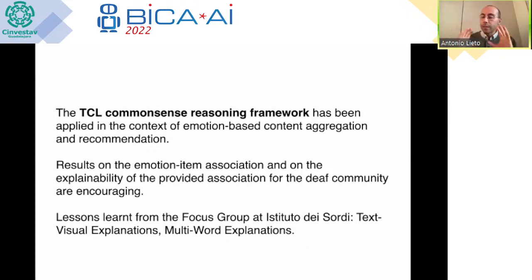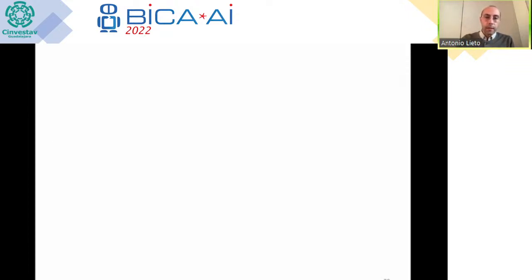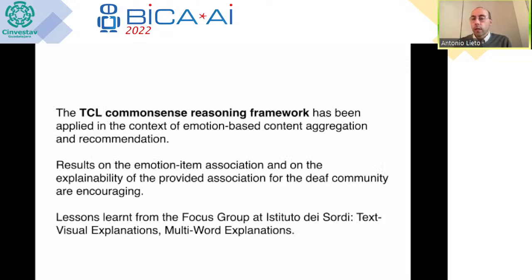So recommendations that try to break the filter bubble of our own preferences, to open up our mind a little bit in order to see also things which do not perfectly fit with our own preferences. And with the focus group we also had some lessons learned, which are the ones I was mentioning about how to improve the explanation. And that's it on my side, and I'm open to take questions.